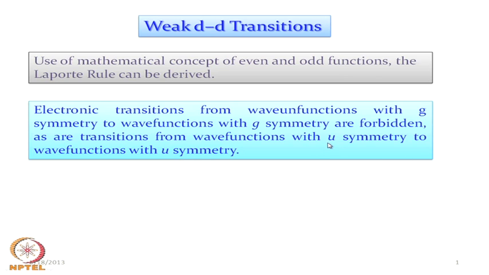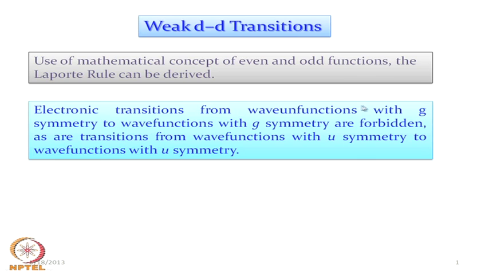So, with respect to the center of inversion, we have seen that the orbitals will be labeled as having G symmetry or U symmetry, such as we have two types of orbitals in centrosymmetric OH symmetry, that means the octahedral symmetry. We can have the T2G set, which is G type, and another is the EG type, which are both of the same symmetry.